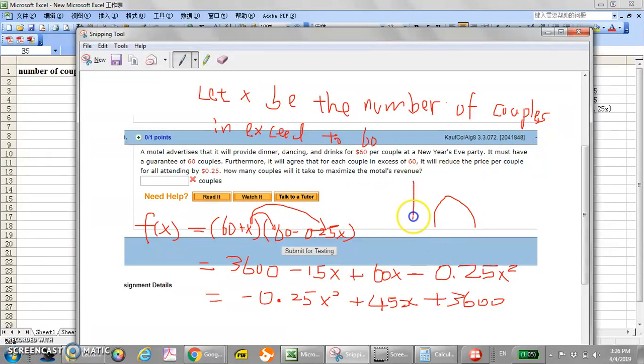Because the graph opens down, the function has a maximum value, and this maximum value happens when x equals the x coordinate of the vertex, which we can find using the formula negative b over 2a.